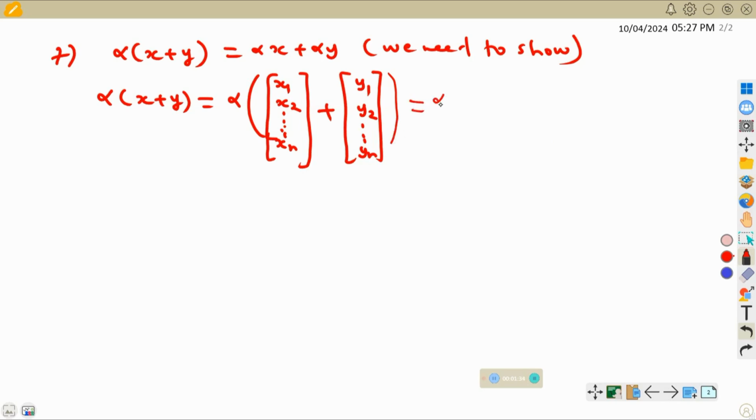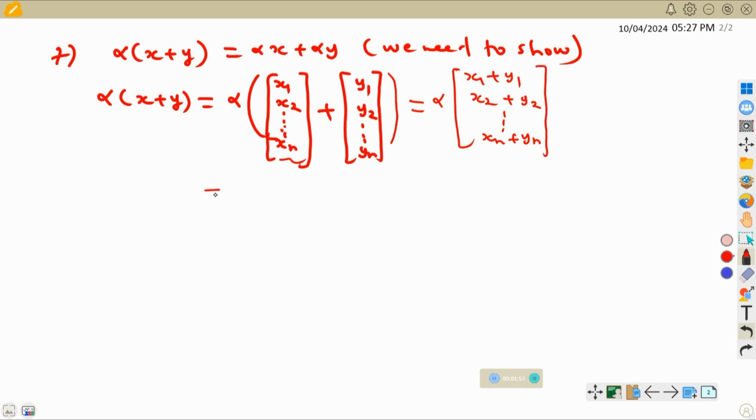So this will be the same as alpha into, when we deal with addition of this one here, x1 plus y1, x2 plus y2 up to xn plus yn.